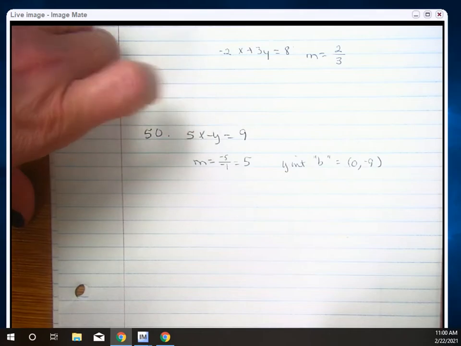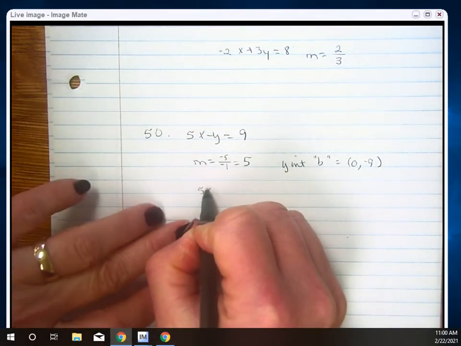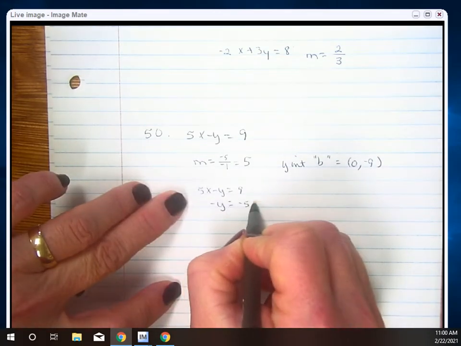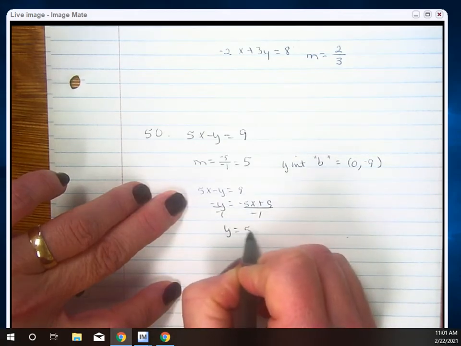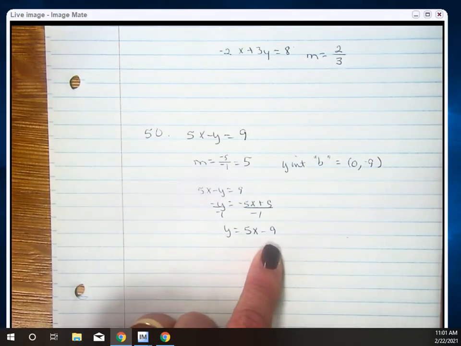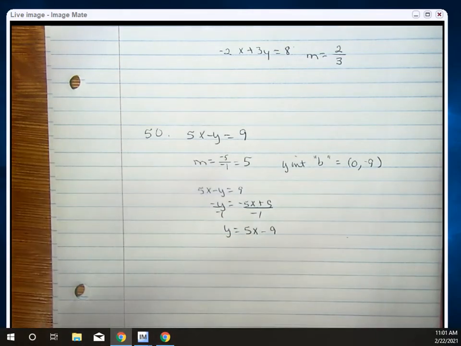Now, if you don't like those shortcuts, then by all means, solve it for y. Keep in mind, you've got to divide by that negative 1. Do not give me negative 9 only as the y-intercept. The y-intercept is a point. It needs to be an ordered pair, 0, negative 9.